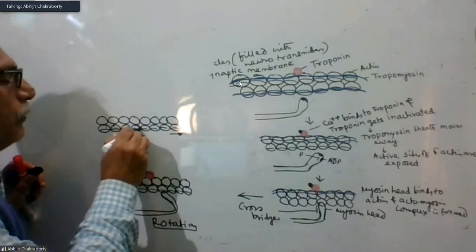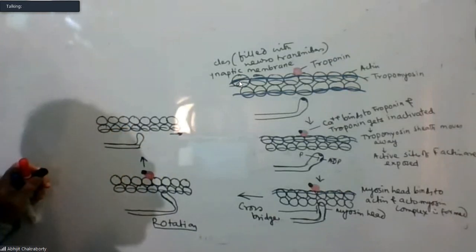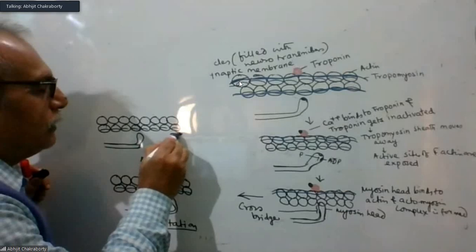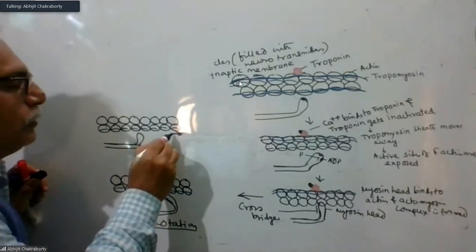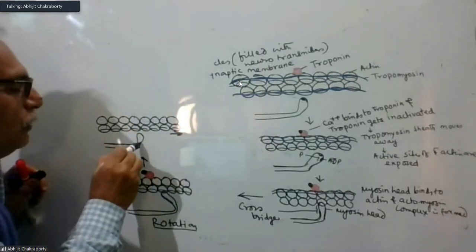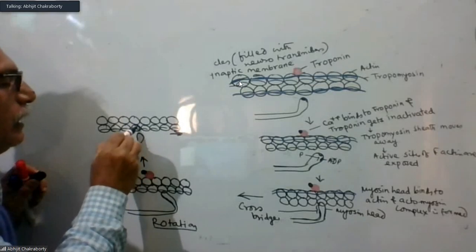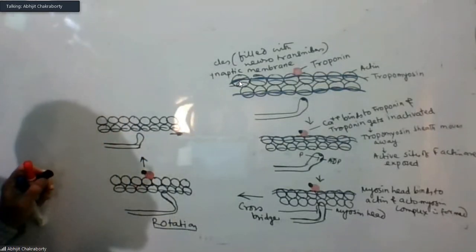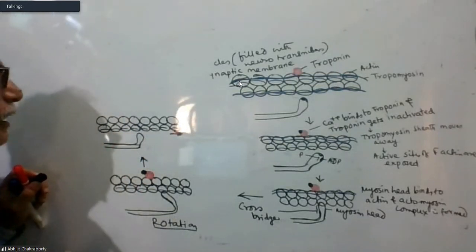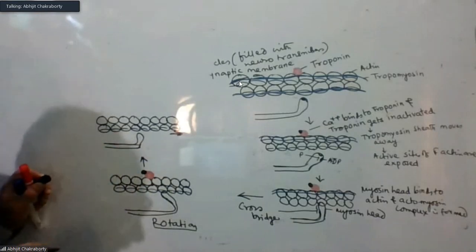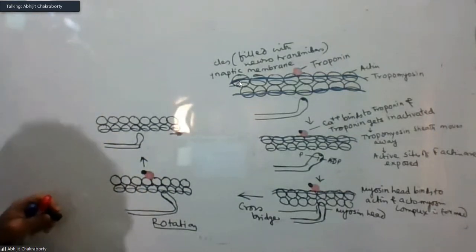Because it is pulling, it proceeds toward the center. So this head of myosin now gets a new actin in front of it.